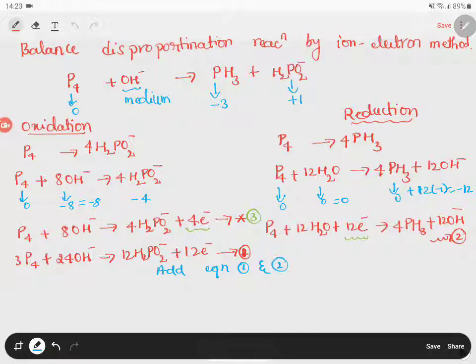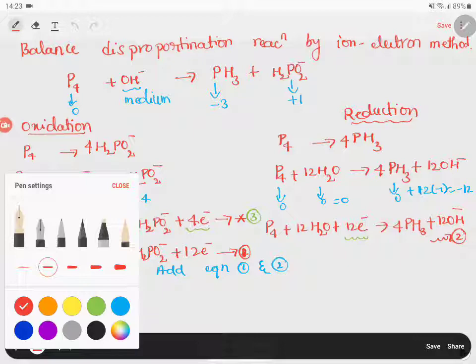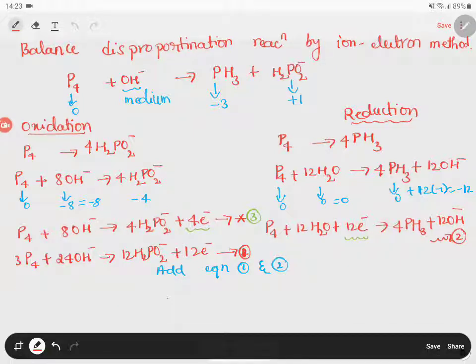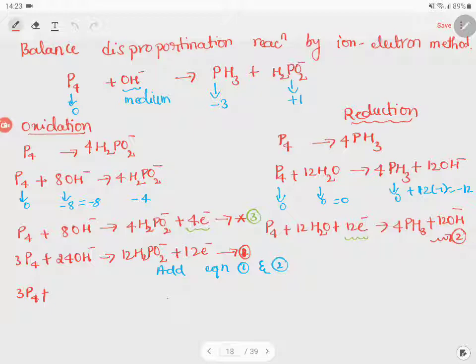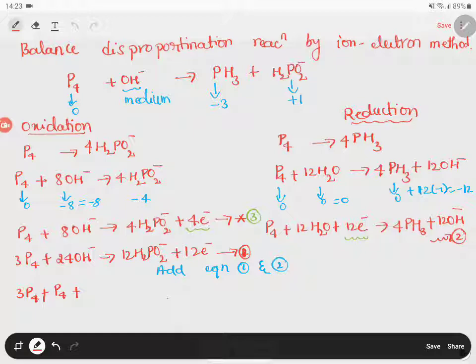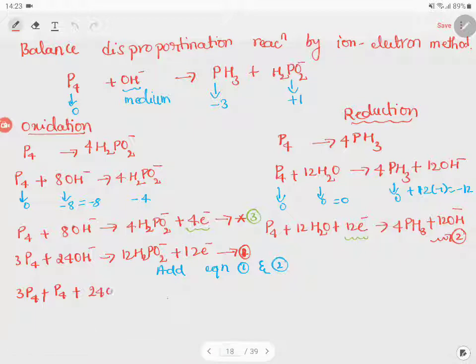Rewrite the equation. When you rewrite the equation, we get 3P4. Another P4 is there, that also I'll write. P4 plus 24 OH minus plus 12 H2O plus 12 electrons, giving 12 H2PO2 minus plus 12 electrons plus 4PH3 plus 12 OH minus.